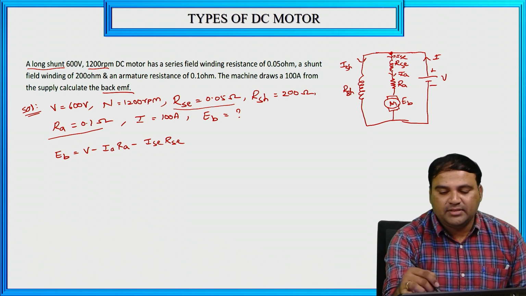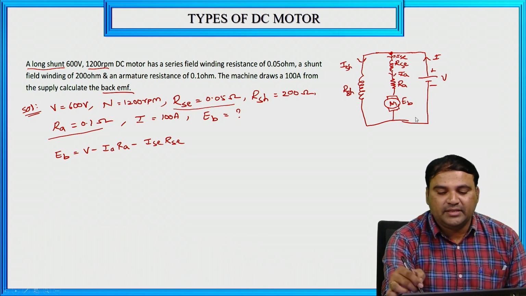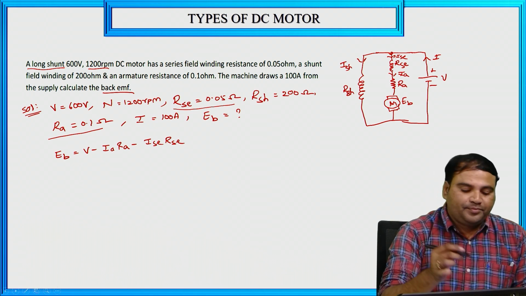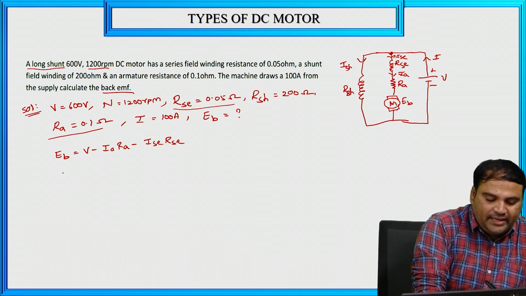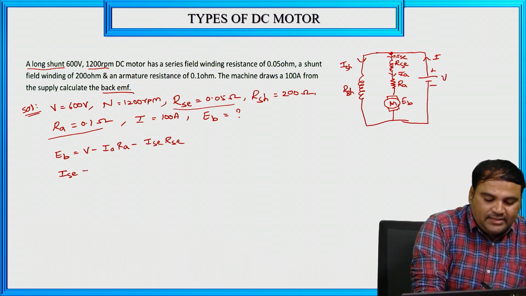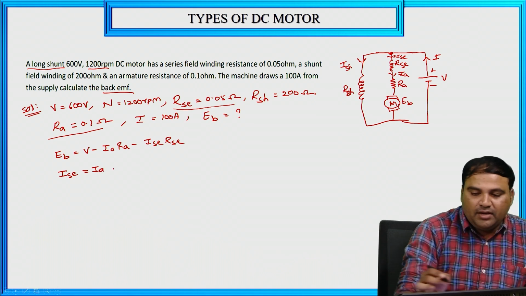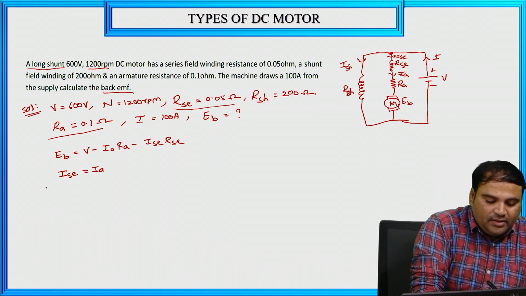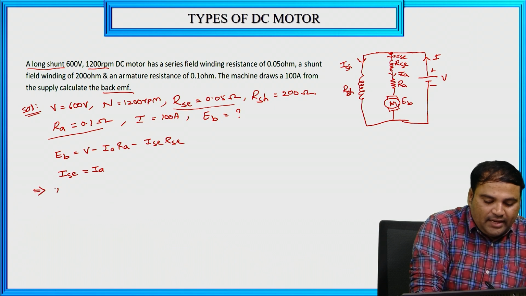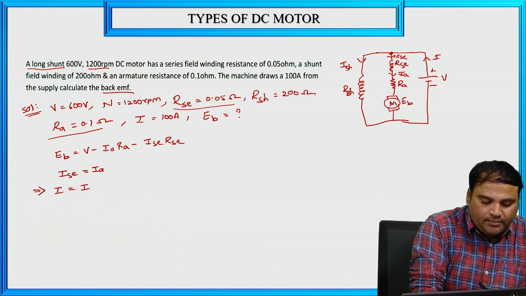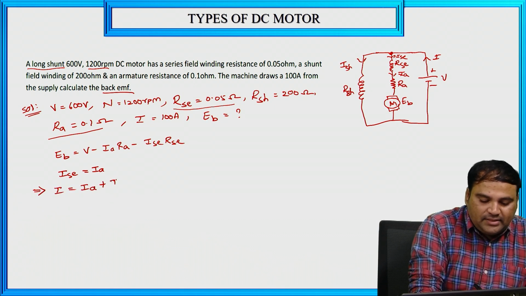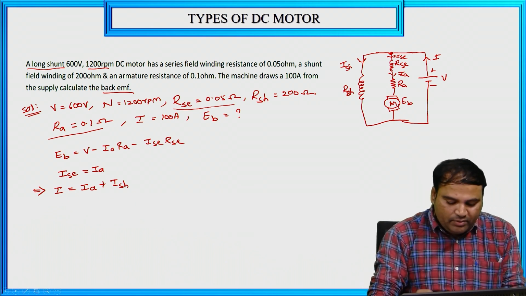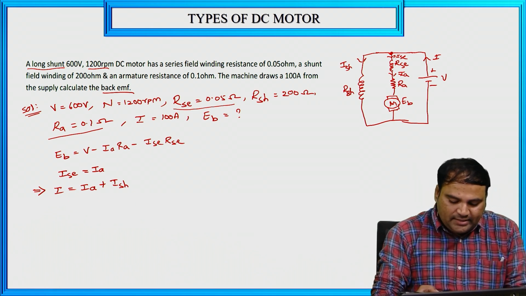From this long shunt wound DC motor, apply KCL at this point. In that case, ISC is equal to IA, because these two are connected in series. Then ISC equal to IA, and the total current I equal to IA plus ISH, right?